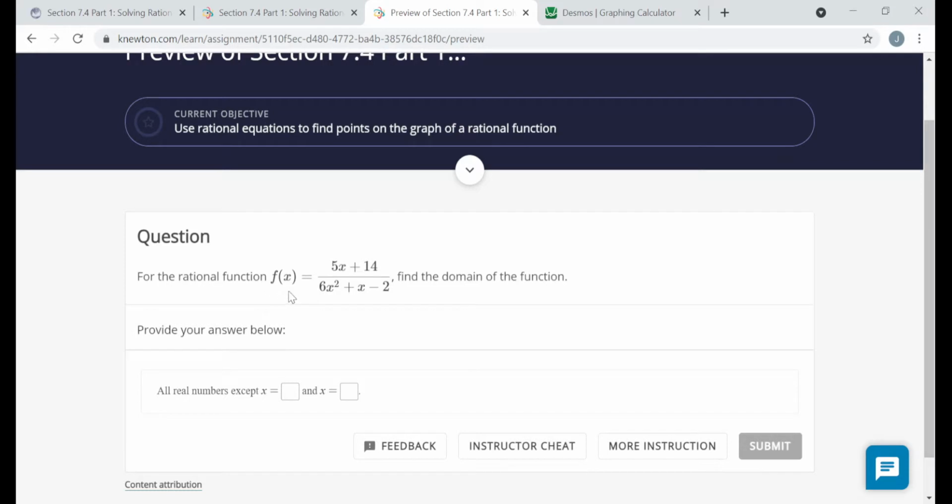Remember, f of x is the output, and on the right side is how you calculate that output with an input of x. So the input variable is called x. The output is called f of x. And every pair of inputs and outputs form an ordered pair, or a point on the coordinate plane.